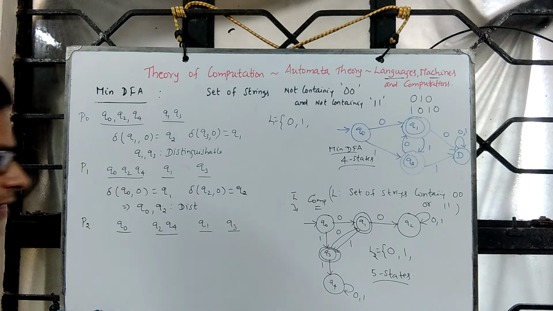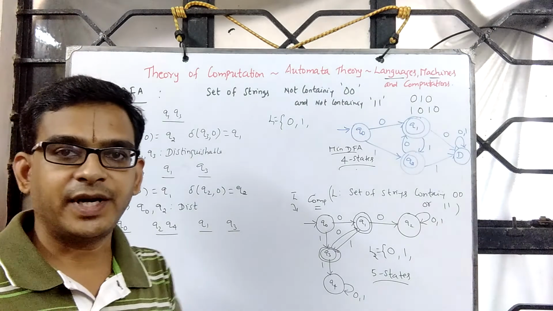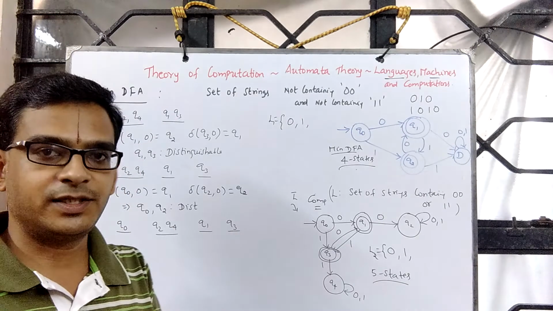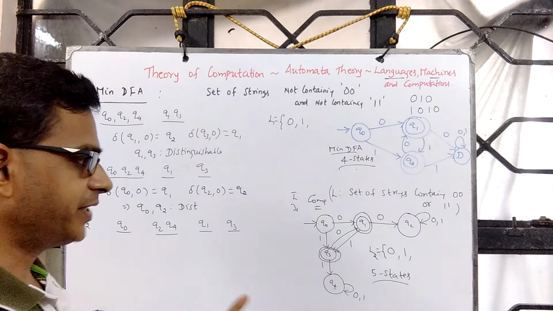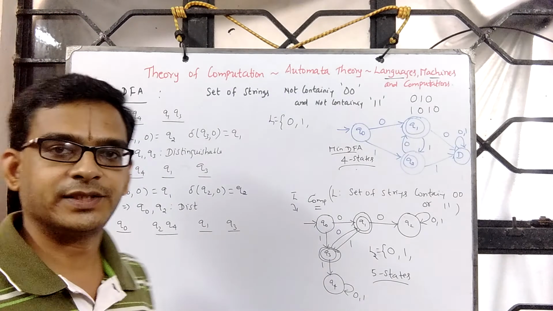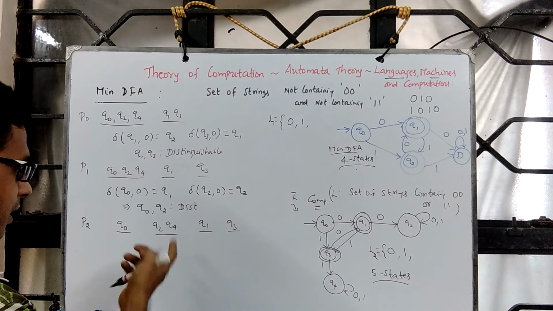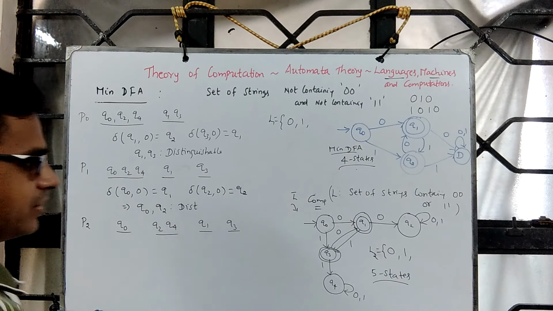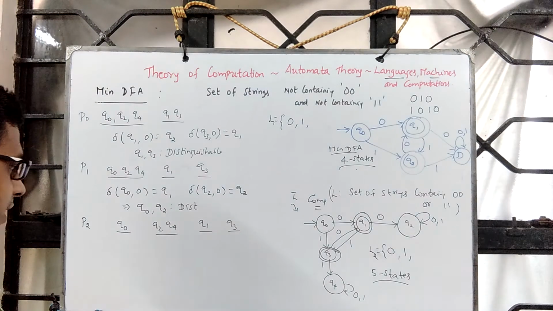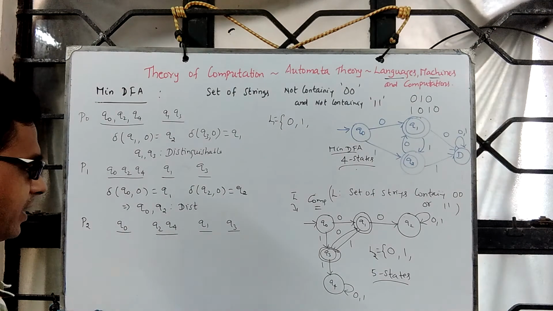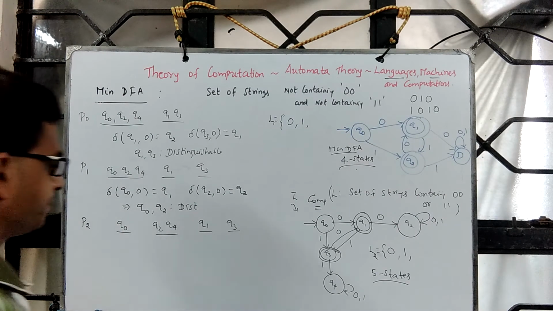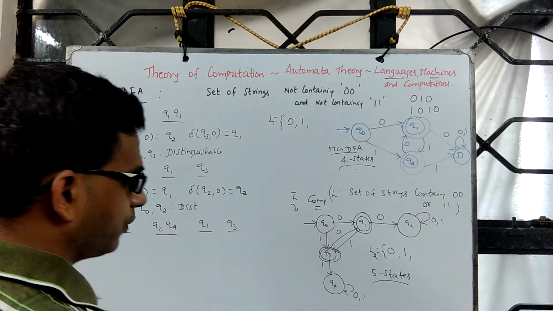At each iteration, we identify exactly one pair that are distinguishable and split them into two partitions. Okay. And now look at this pair and check Q2, Q4, because these three are singleton, this cannot be split any further. Now look at Q2, Q4.